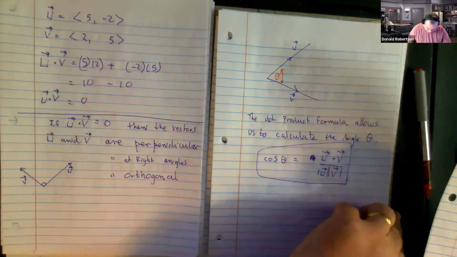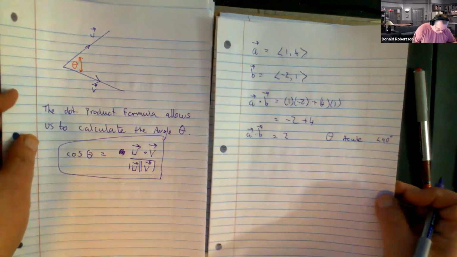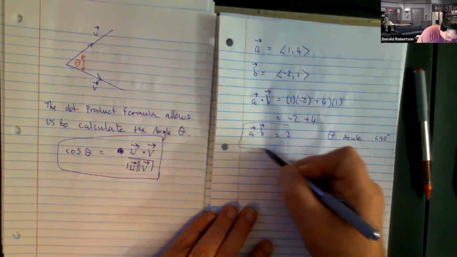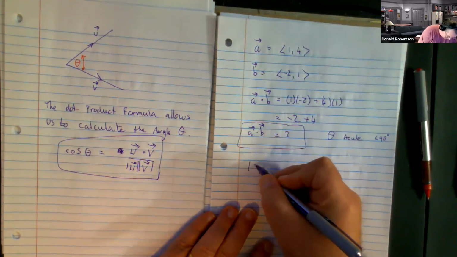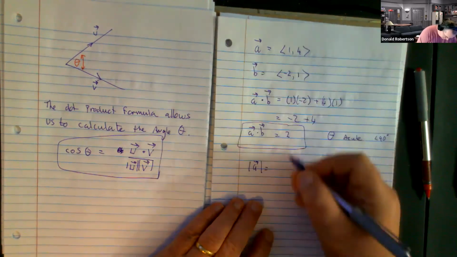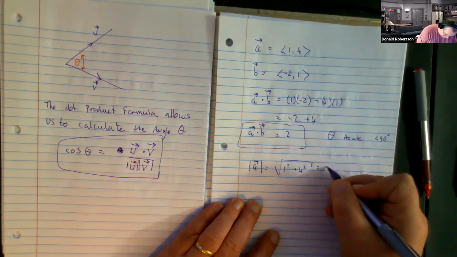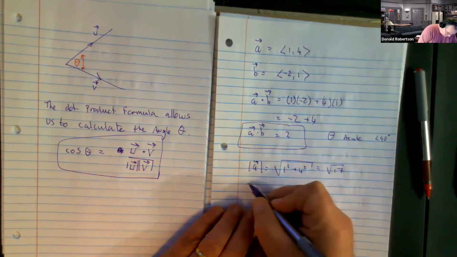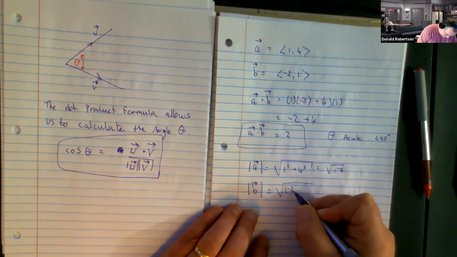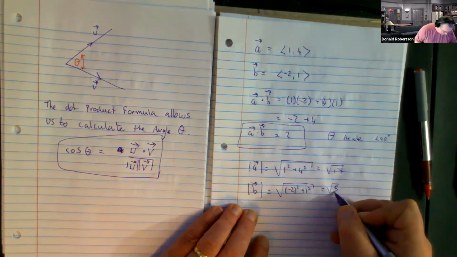So let's use the one that I just set up a moment ago, this one. Already found that guy. Let's find the magnitude of vector A. In this case, 1 squared plus 4 squared, which is the square root of 17. And the magnitude of B, which is negative 2 squared plus 1 squared, which is the square root of 5.